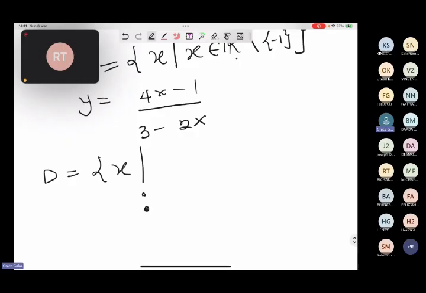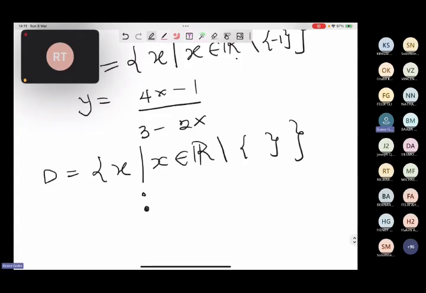So either the vertical straight line or the colon is accepted. So x such that x must be in the set of all real numbers minus, we open curly bracket, close the curly bracket. What we put in here is going to be the set of numbers that makes the denominator become 0. Sometimes it's easier to guess, like in the first example. Sometimes it's not easier to guess, like in this second example.